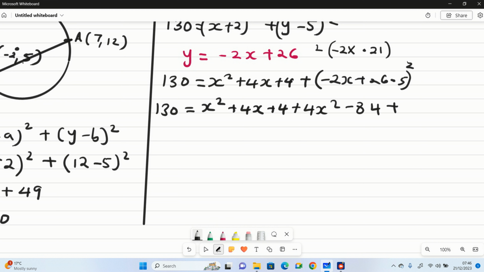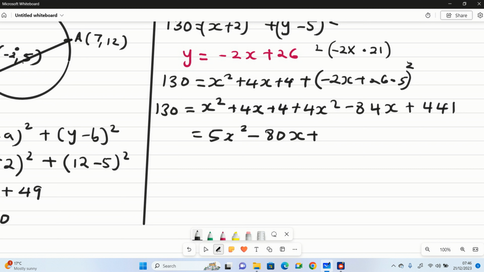Then plus 21 squared. Also, this is 84x. Don't forget that this is 84x. Then plus this one is giving you 441. So you'll end up having x squared plus 4x squared is giving you 5x squared. Then 4x minus 84, you're going to get minus 80x.